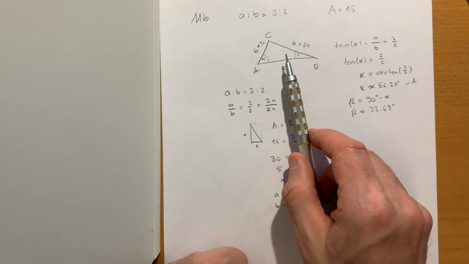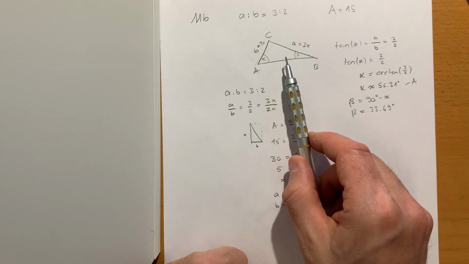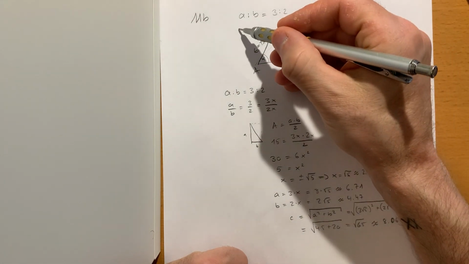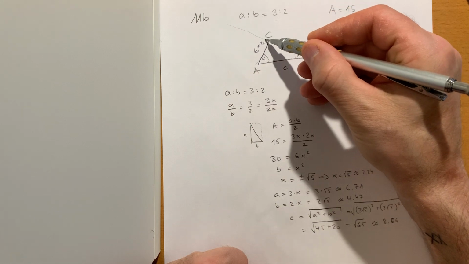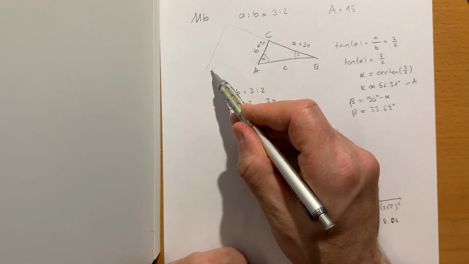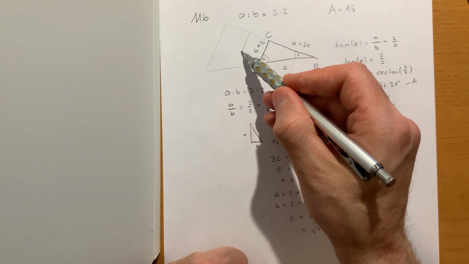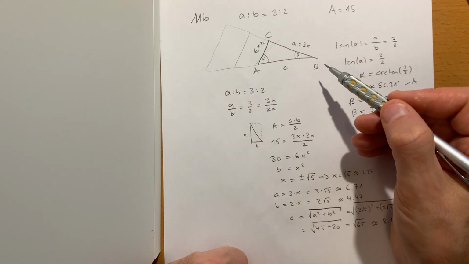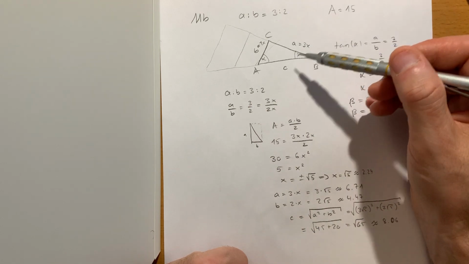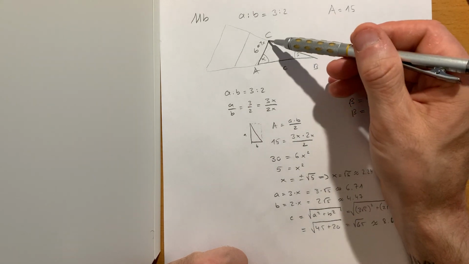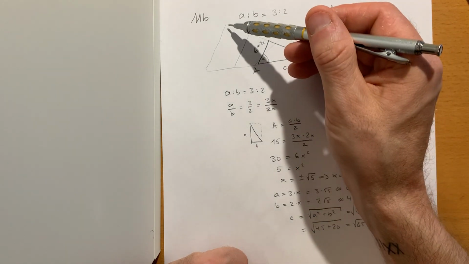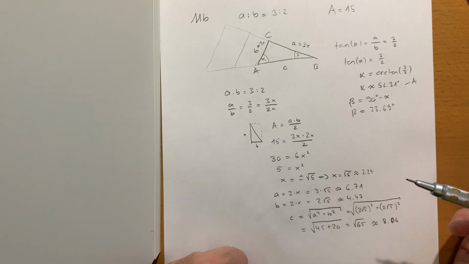So we had to say, we're talking about multiples here, larger triangles, because every triangle of this type, if I continued this line here, made a parallel line, I could draw many similar triangles, and they would all have the ratio A to B like 3 to 2. If this is 3 to 2, then this is 3 to 2, and then this is 3 to 2. The ratio is always the same thing.